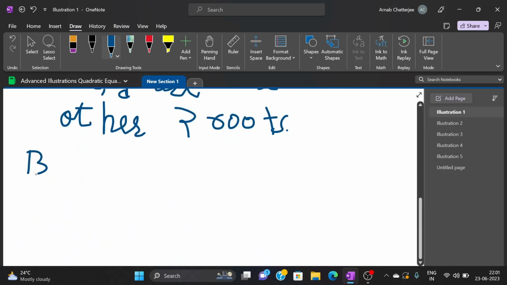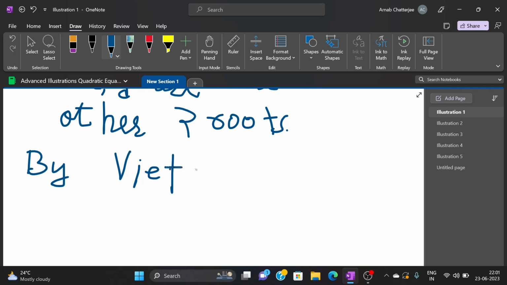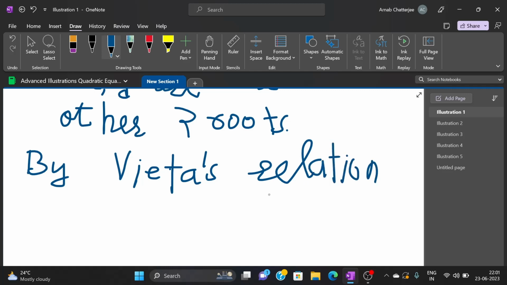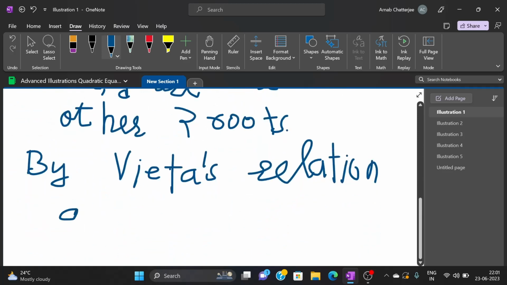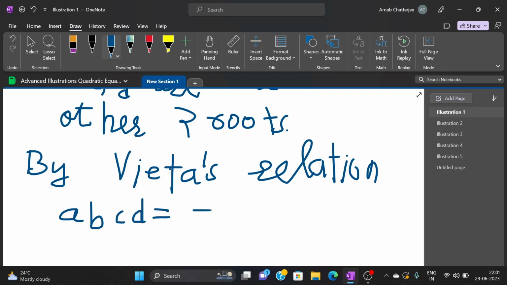Now, if c, d are the other two roots, then by Vieta's relation, we have abcd, that is a into b into c into d, equal to minus 1.